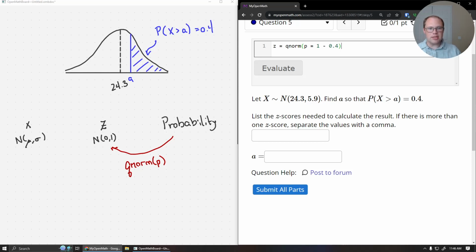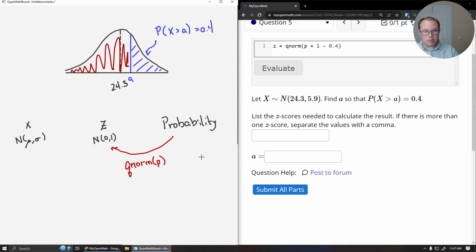So 1 minus 0.4. The reason for that, remember, is that if we look here, the total area, the total probability under here is 1. This area is 0.4. So if I subtract this probability in the upper tail, that will tell me what this probability in the lower tail is, right?